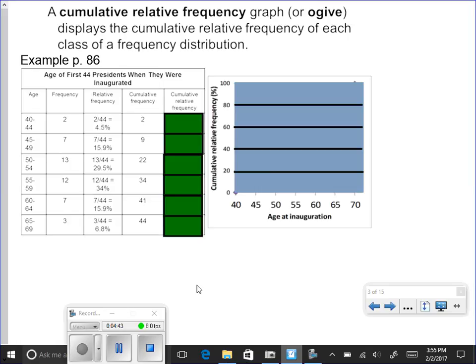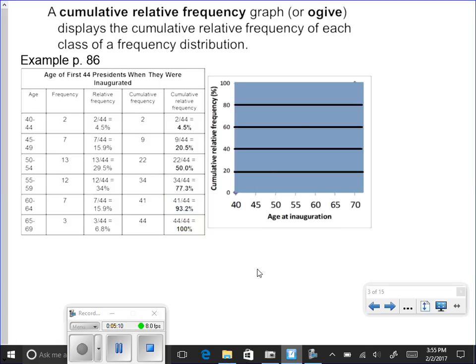So from the 60 to the 64 range, 34 fall below it. If I was in the 50 to 54 range, 9 would fall below it. So then I could find my percentages. So 4.5%, 20.5, 50%, 77.3, until I got to 100%.